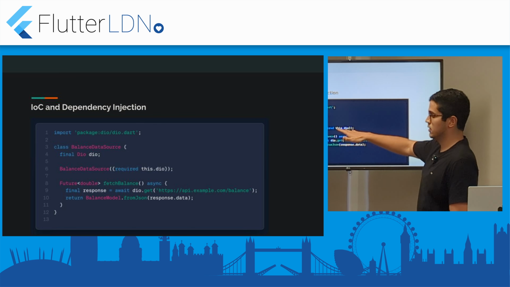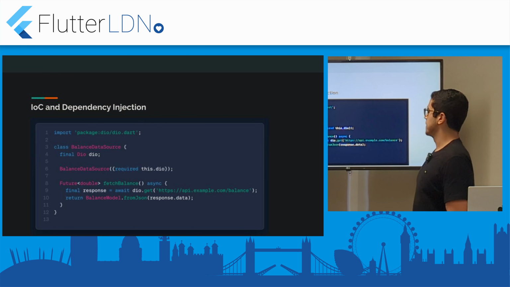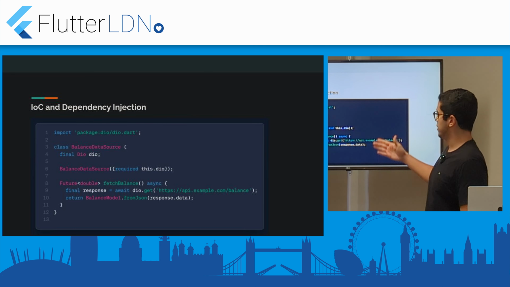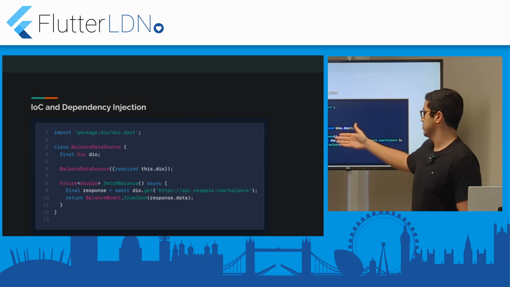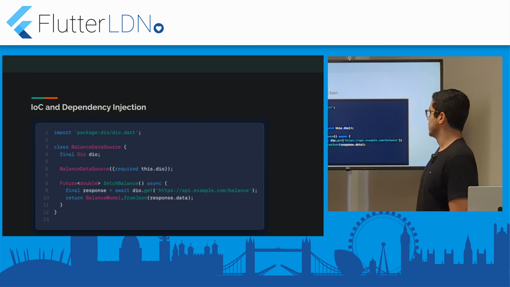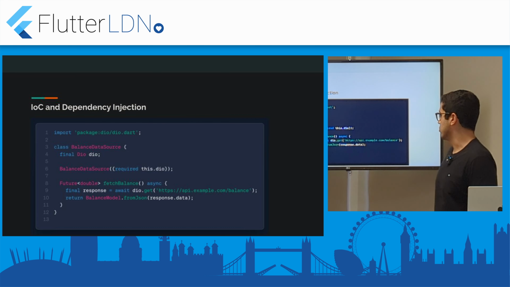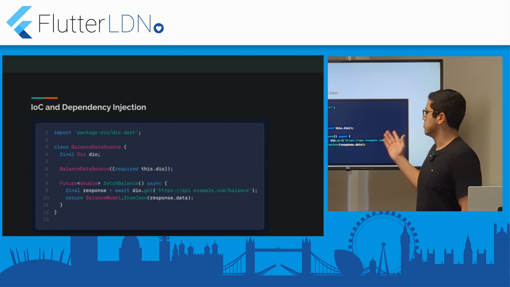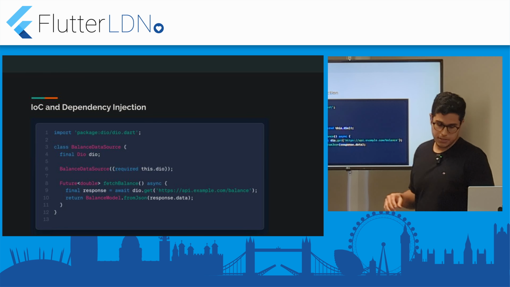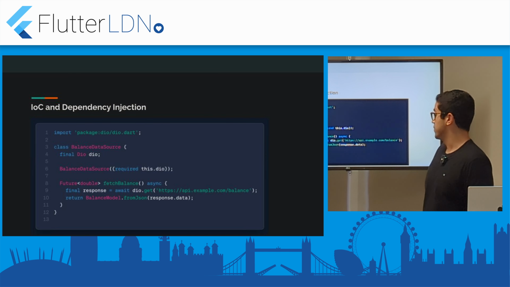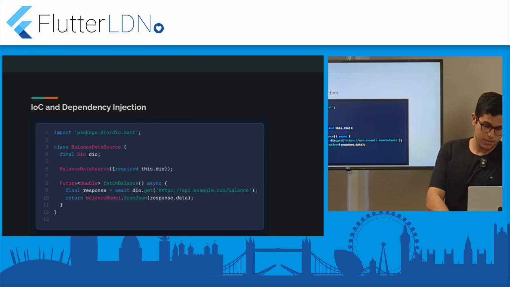In this case, it's the most popular way of injecting dependencies, constructor dependency injection. Instead of instantiating the Dio, you receive it and use it to make the API call. So you can mock it, you can reuse it if you want, and so on. That's how dependency injection and inversion of control are related. Two very popular concepts across software engineering in general.